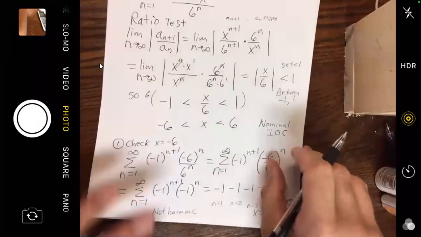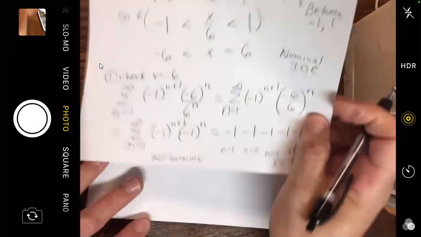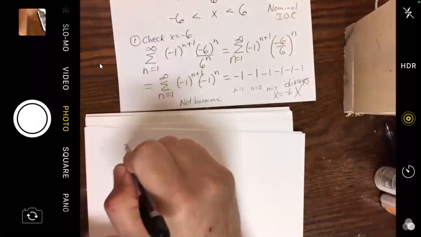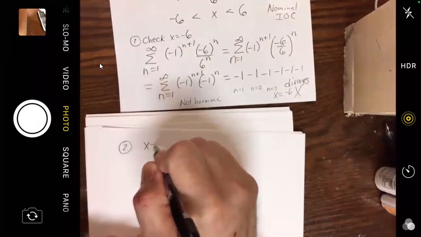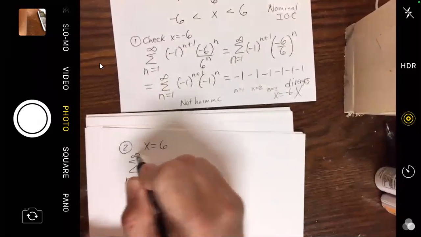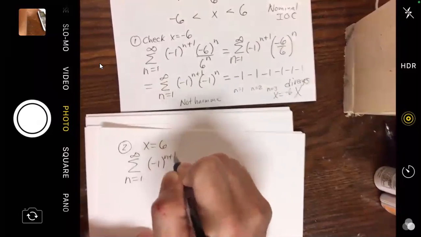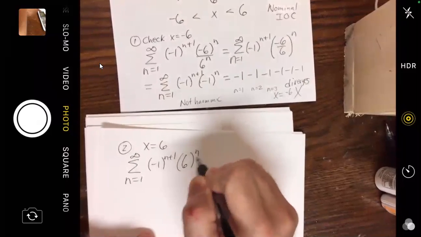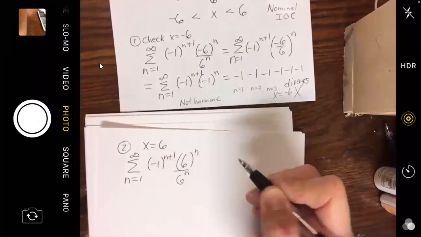Are we ready to check x equals 6? The sum from n equals 1 to infinity of -1 to the n+1, 6 to the n over 6 to the n.